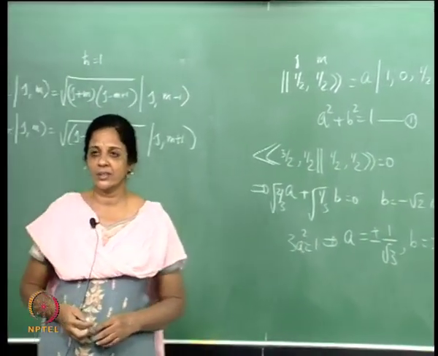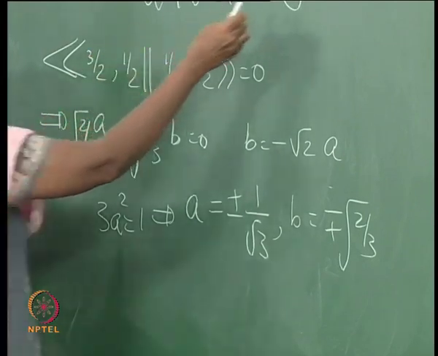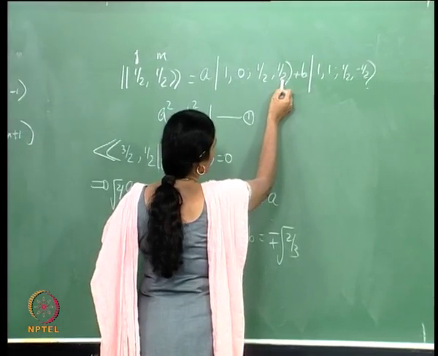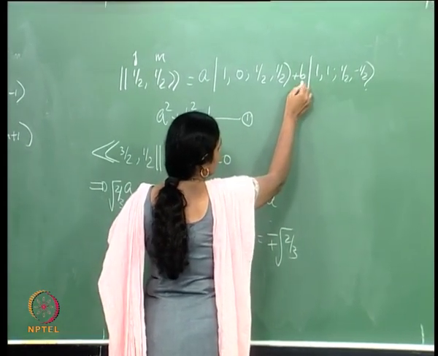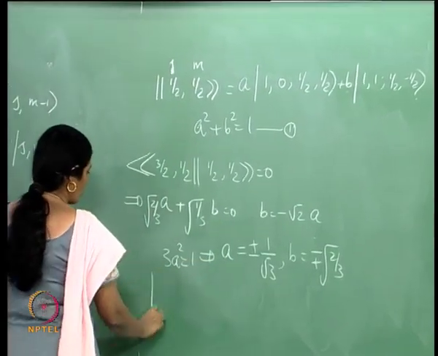This is where I can use the convention. I am going to look at the second state and look at the M values. Well, this has a higher value compared to that, so my convention is to put a positive sign here and a negative sign there. I stick to this convention throughout the problem.